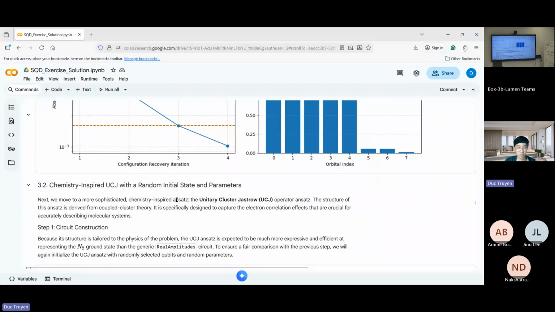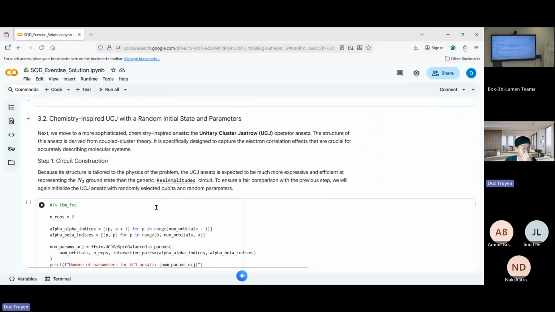We get the information directly from the problem, and that's also why we need to fit our Hamiltonian or our problem into the ansatz.